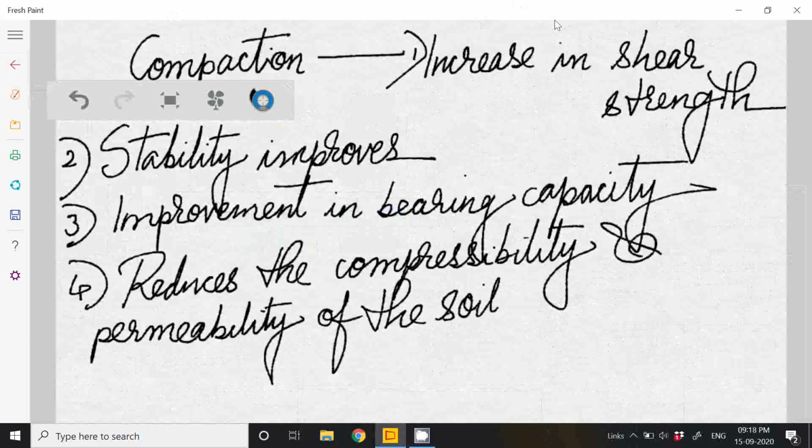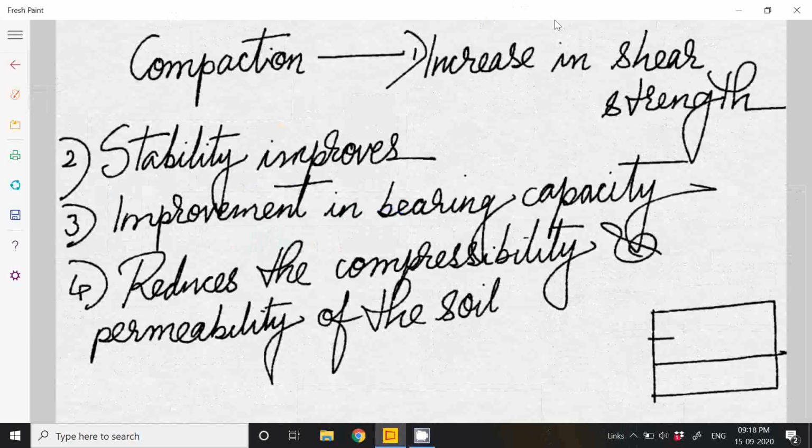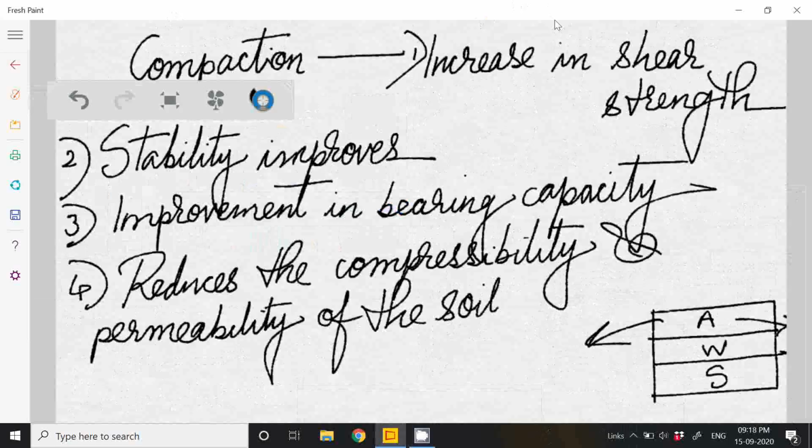Compressibility and permeability of the soil reduced, means what? Suppose this is the soil: air, water, then solids. When you do the compaction, what will happen? Air will go out, so volume reduction will happen. But air may not go out completely, 100%.